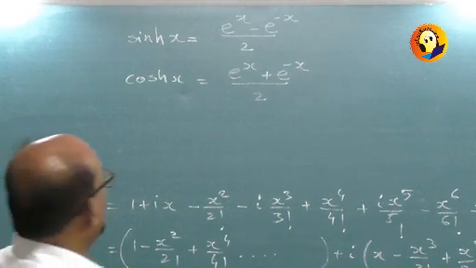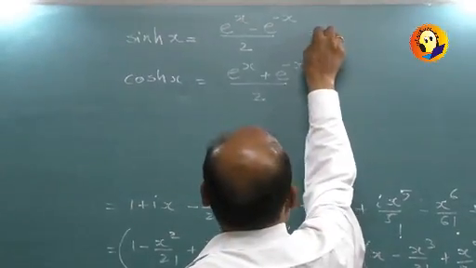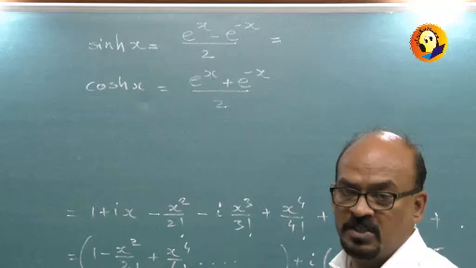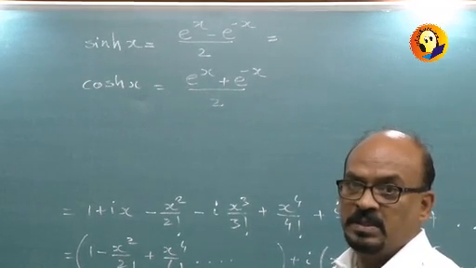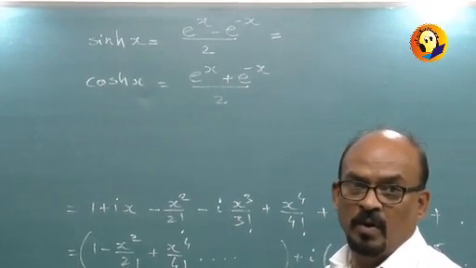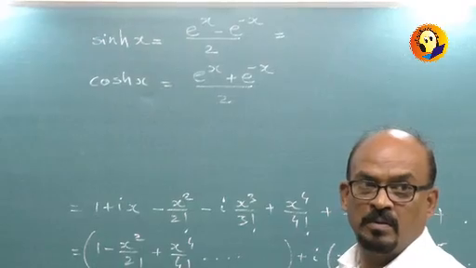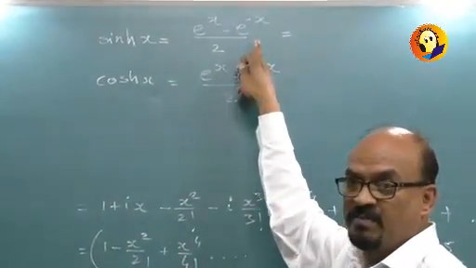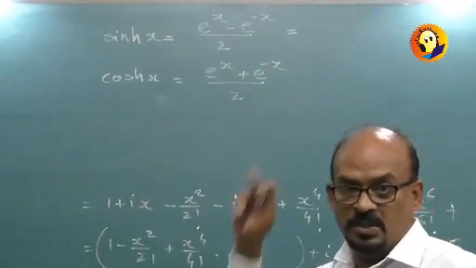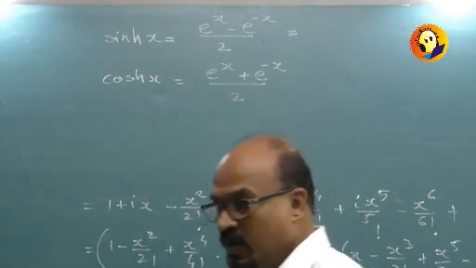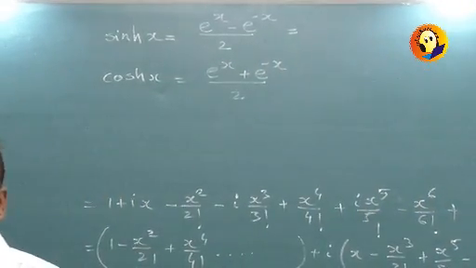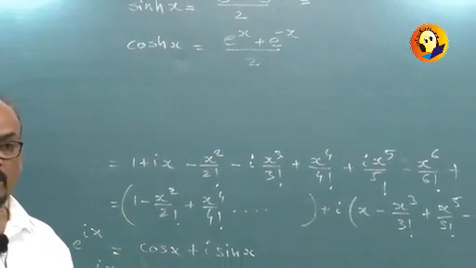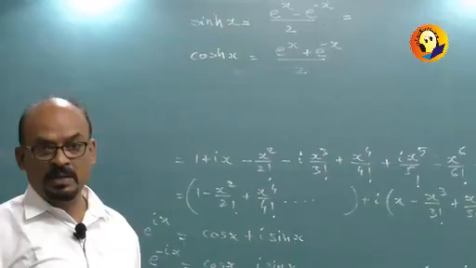What would be the series in this case? What will be the series of sinh x? This is just the subtraction of odd terms, because odd terms over here in e raised to minus x will have negative sign. e raised to x is 1 plus x plus x square by 2 factorial plus x cube by 3 factorial, whereas e raised to minus x will be 1 minus x plus x square by 2 factorial minus x cube by 3 factorial.